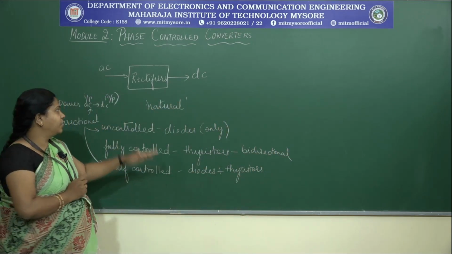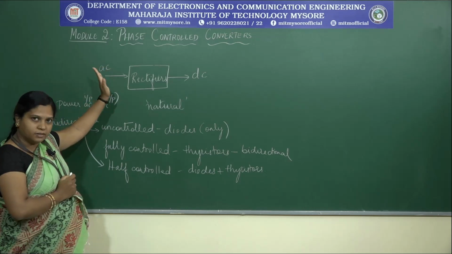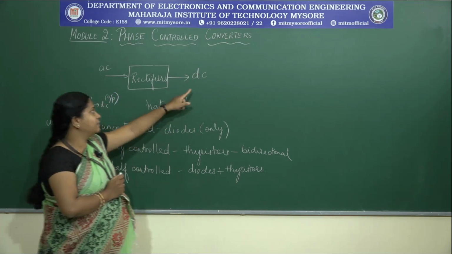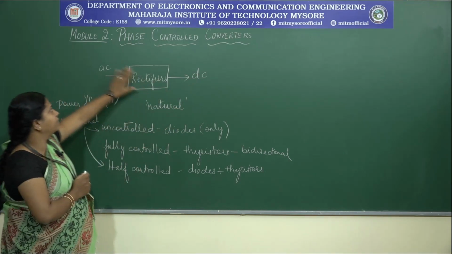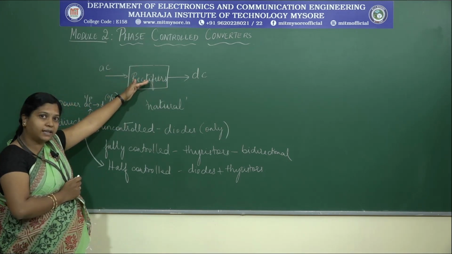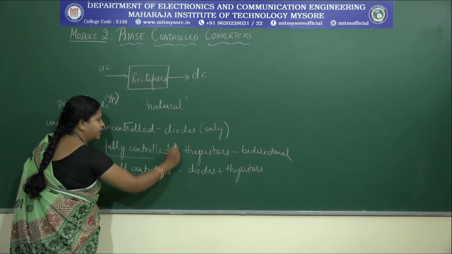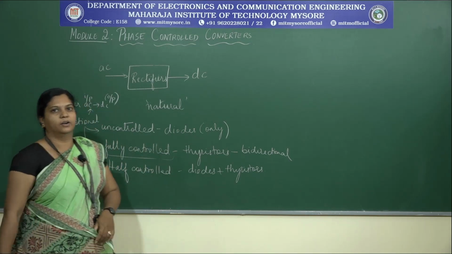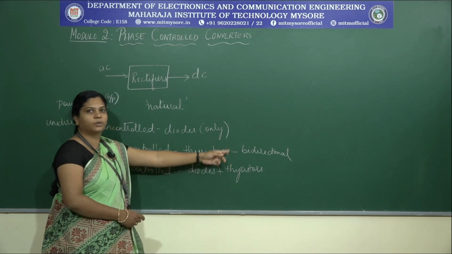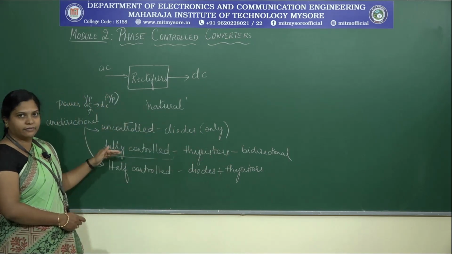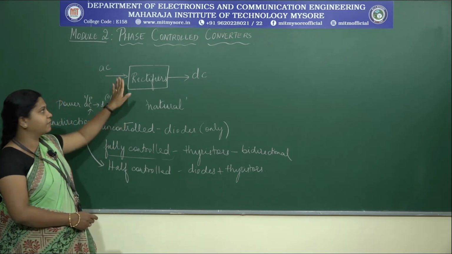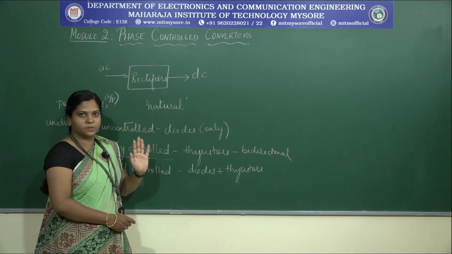At some switching points we have the power flowing from input AC to output DC, and at some switching points the DC is flowing back to the input supply. That is possible only when we are making use of a fully controlled device, and hence fully controlled devices are also known as bidirectional rectifiers. So this is another type of classification based on the flow of power from input to output and vice versa.